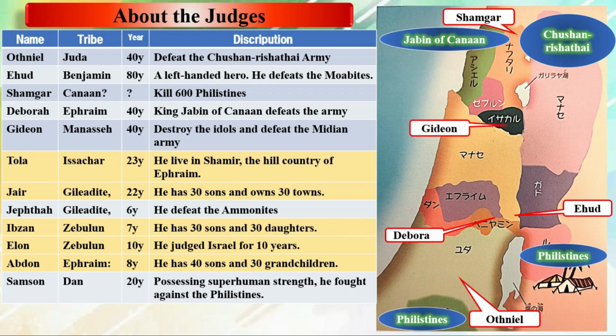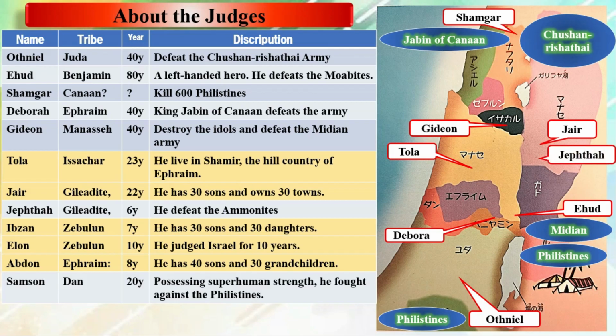Gideon destroyed the idols and defeated the Midian army. Tola lived in Shamir, the hill country of Ephraim. Jair had 30 sons and owned 30 towns. Jephthah defeated the Ammonites. Ibzan had 30 sons and 30 daughters.